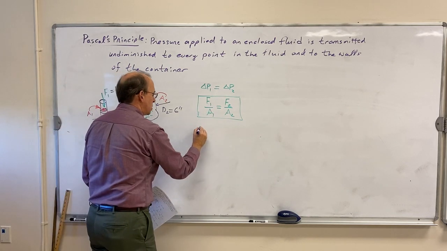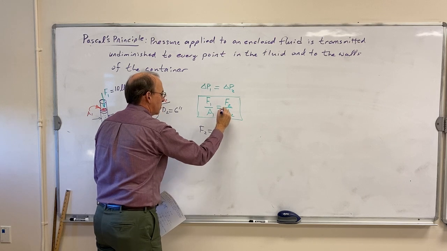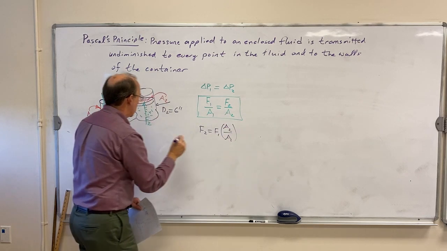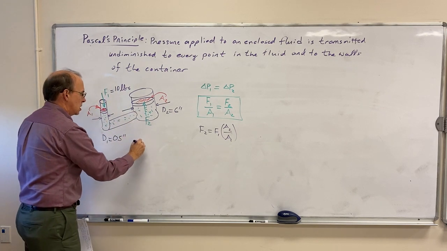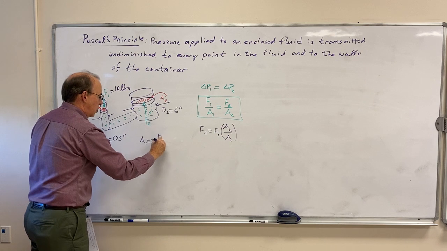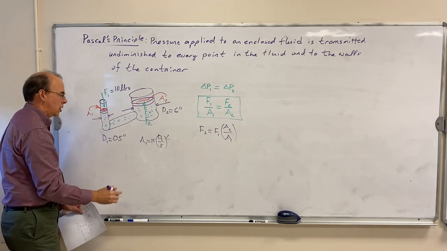Well, the force F2 will be F1 times the ratio of these areas, A2 over A1. So I need to compute these areas. A1 is just pi times D1 over 2 squared, D1 over 2 because it's pi r squared.